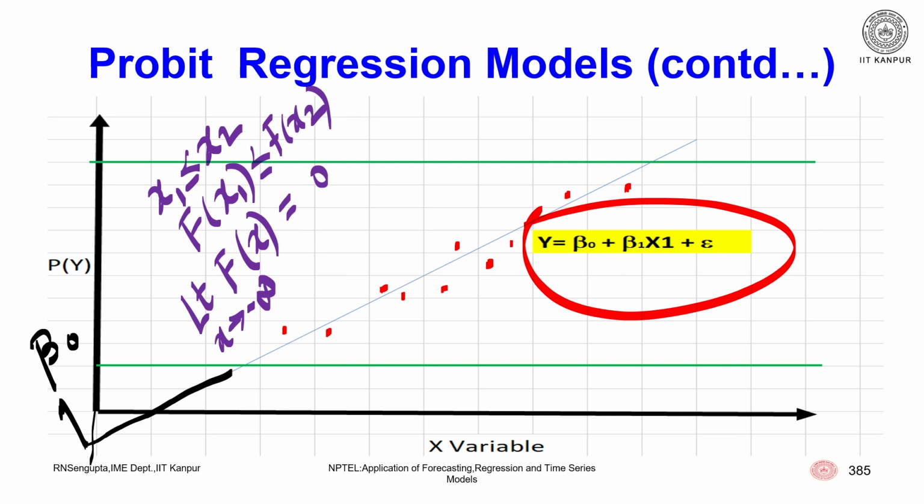That means the total area covered is 0, hence it is 0. The third point is, as x tends to plus infinity, F of x tends to 1. This is the third important property, which means the sum of all the probabilities corresponding to the realized values should definitely be equal to 1. So, these are the 3 important properties.